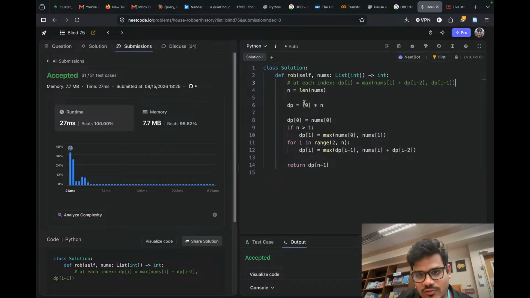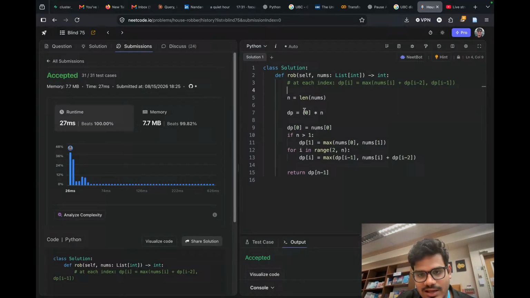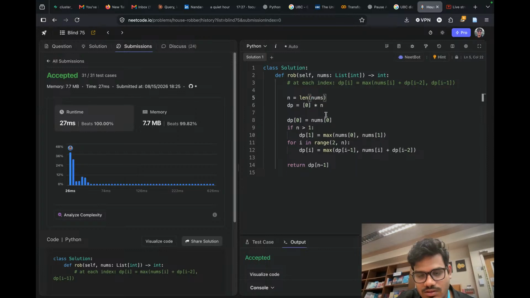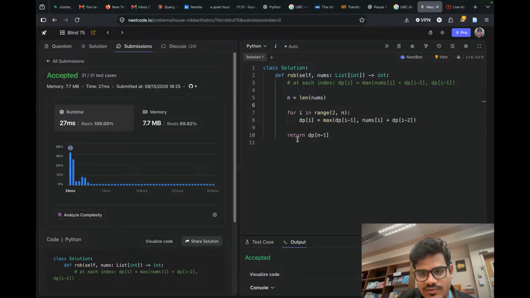Some of the improvement that can be done here is, instead of using this big line, we can just range till n, so it will start from 0.